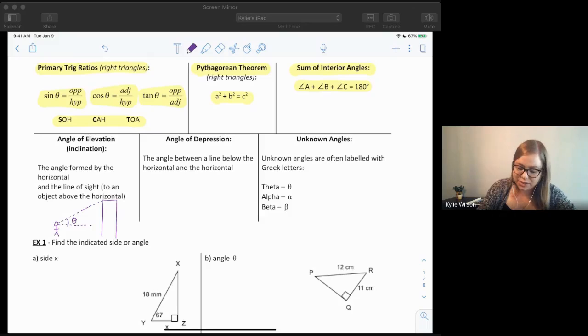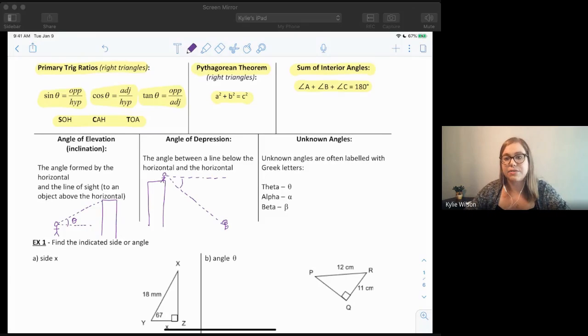Next is your angle of depression. Let's say you're up here standing on a building or a bridge, and there's a little flower down here, something like that. The angle of depression is how far your chin moves down to look at that little flower. So picture yourself looking straight, and then you move your chin down to look at the flower.